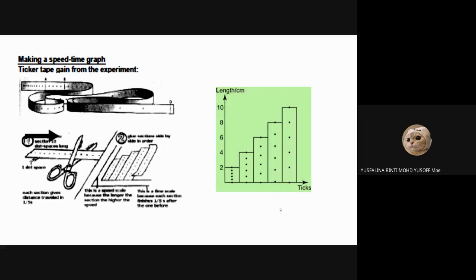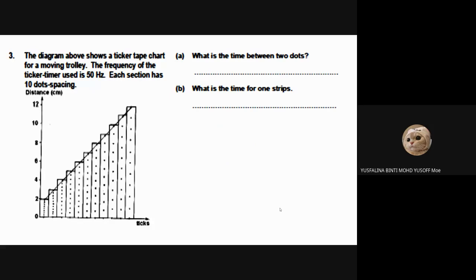So how do you want to find this part? What is the time between two dots? Let's try to answer this one first. I give you time to try. So let's see if you can understand.